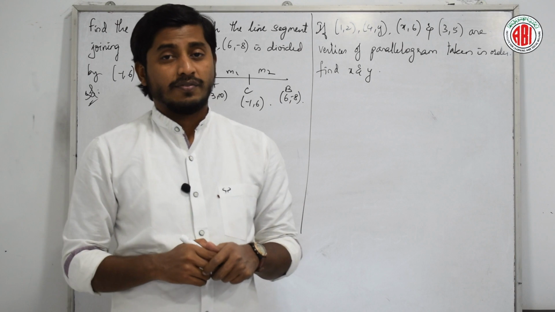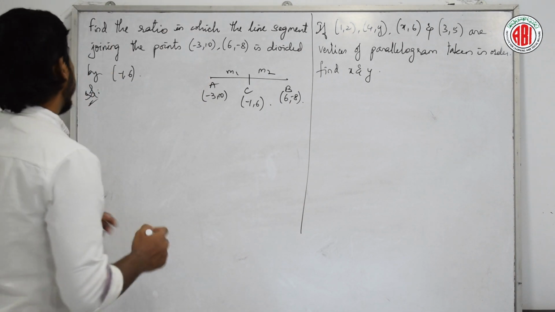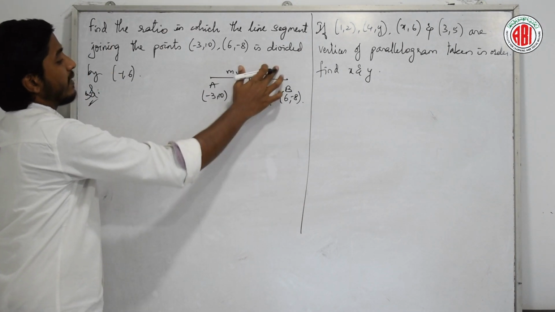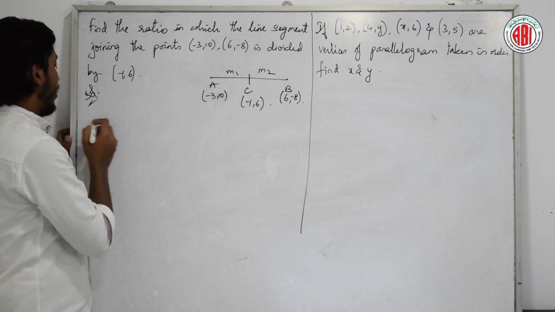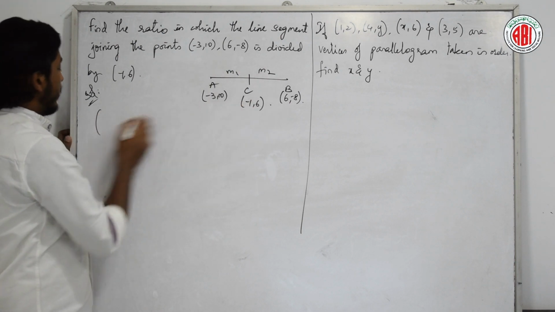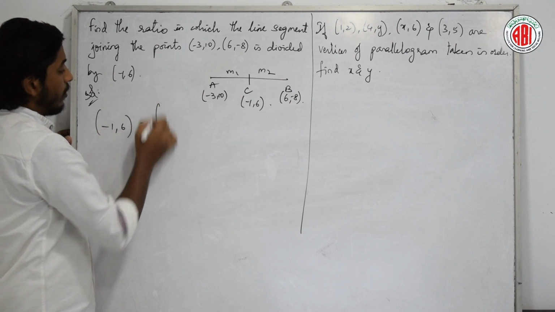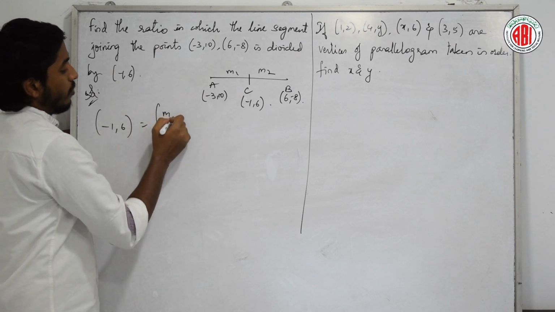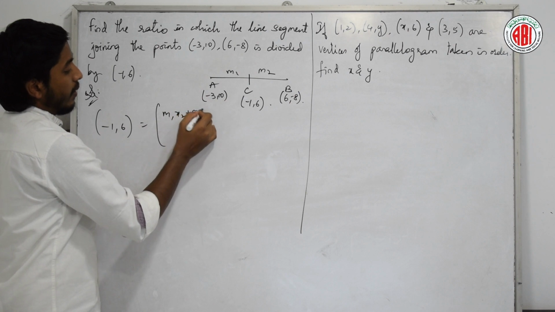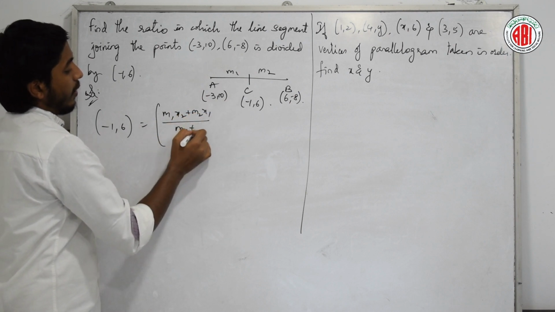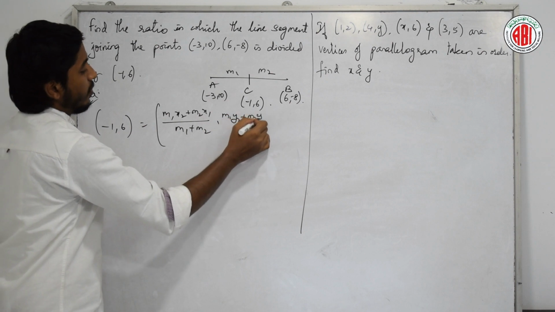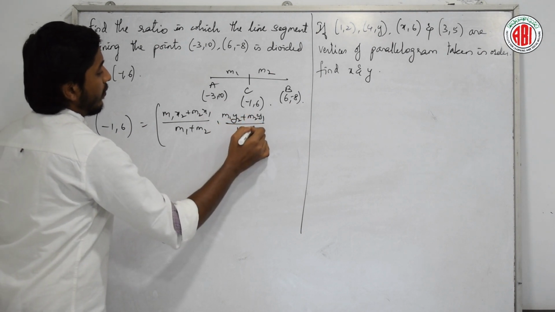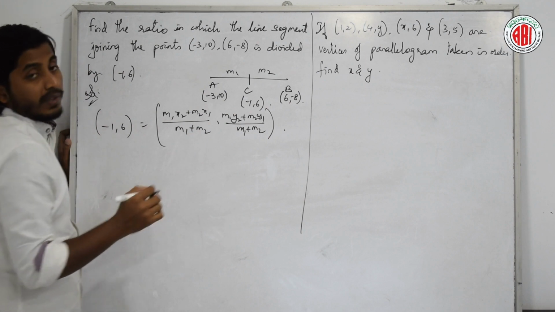Tell me. Section formula, right? What is it? That is (m1 x2 plus m2 x1) by (m1 plus m2). Now see here, what's the formula? C is equal to (m1 x2 plus m2 x1) by (m1 plus m2), comma, (m1 y2 plus m2 y1) by (m1 plus m2). Is it right?